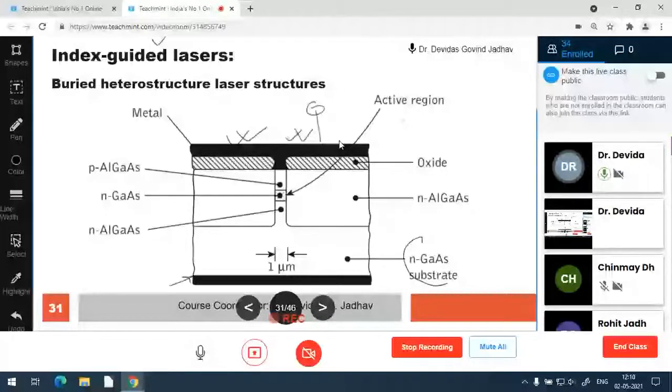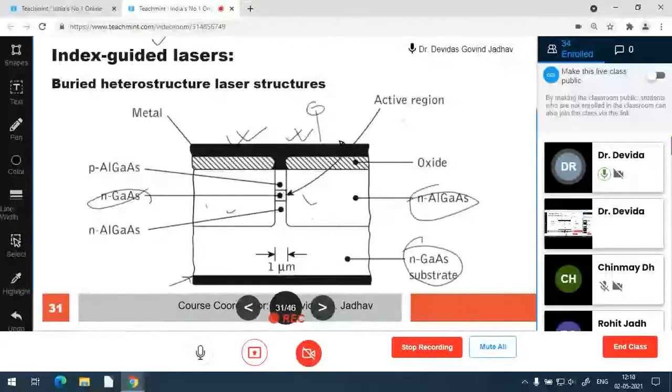This is an N-type GaAs substrate, over which the N-type AlGaAs is the second layer, and to this second layer on both sides, this is also the same material. This is also the same material. There is a sandwich of N-type GaAs. This is the active region.